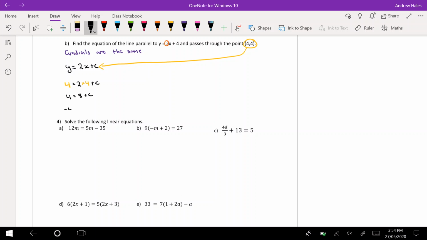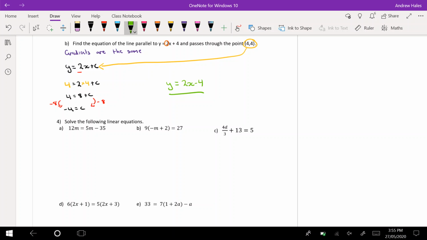And then I take away 8 from both sides, where negative 4 is equal to c. I know that m is equal to 2 because it's my parallel gradient. I know c is equal to negative 4. So the equation of that line is y equals 2x take 4. And that's your answer for that one there.